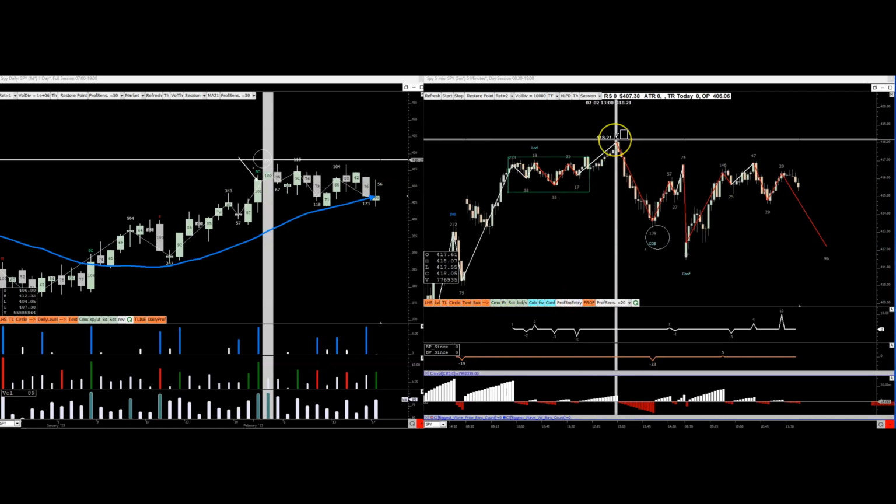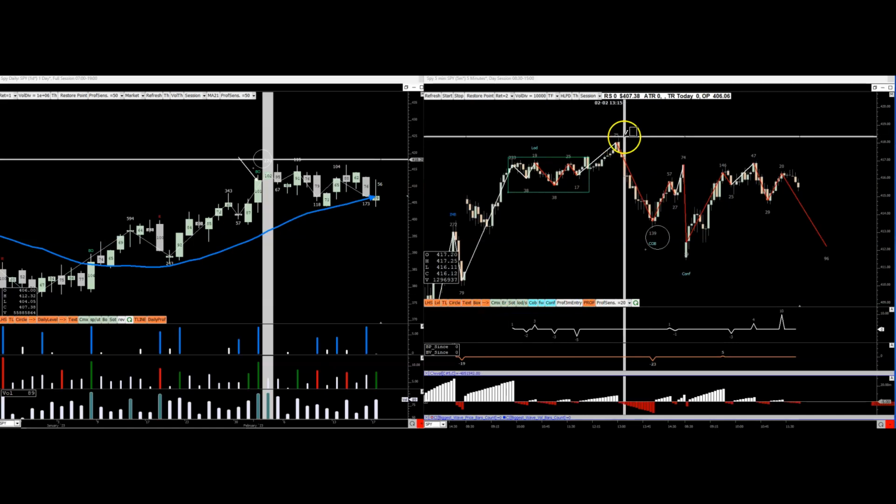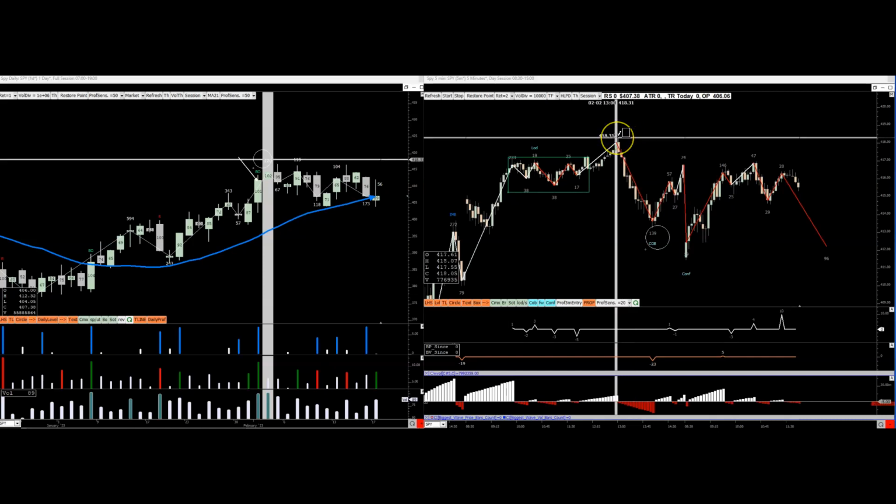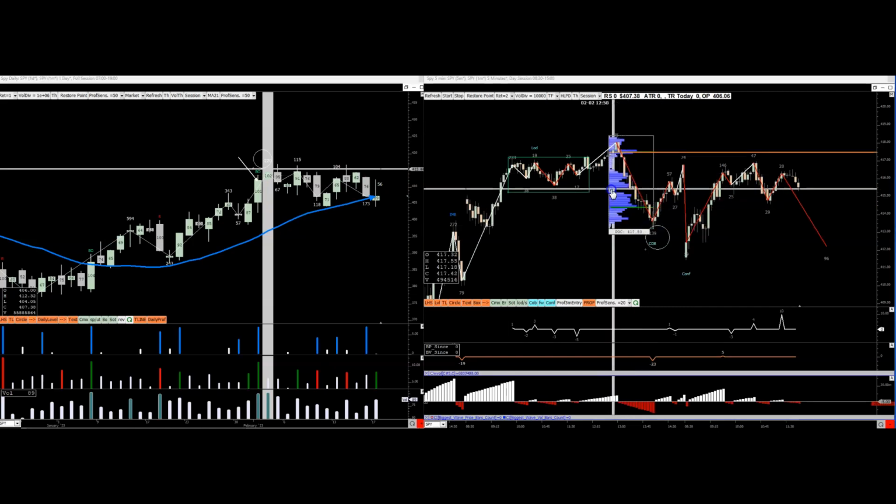So one way to do this, I mean, there are multiple ways to do it. One way is to just use the profile. But you could also use a Renko chart. You could use whatever approach you want. The key is when you draw it, you've got to extend it back.